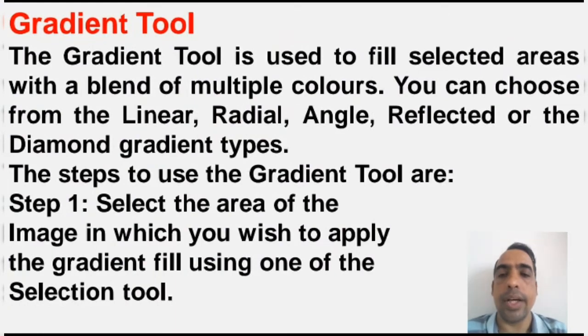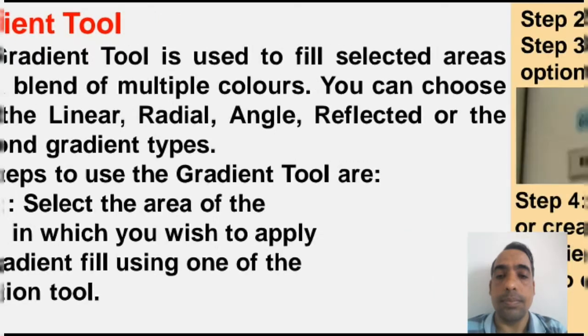Gradient tool. The gradient tool is used to fill selected areas with a palette of multiple colors. You can choose from the linear, radial, angle, reflected or the diamond gradient types. The steps to use the gradient tool are: Step 1. Select the area of the image in which you want to apply the gradient using one of the selection tools.